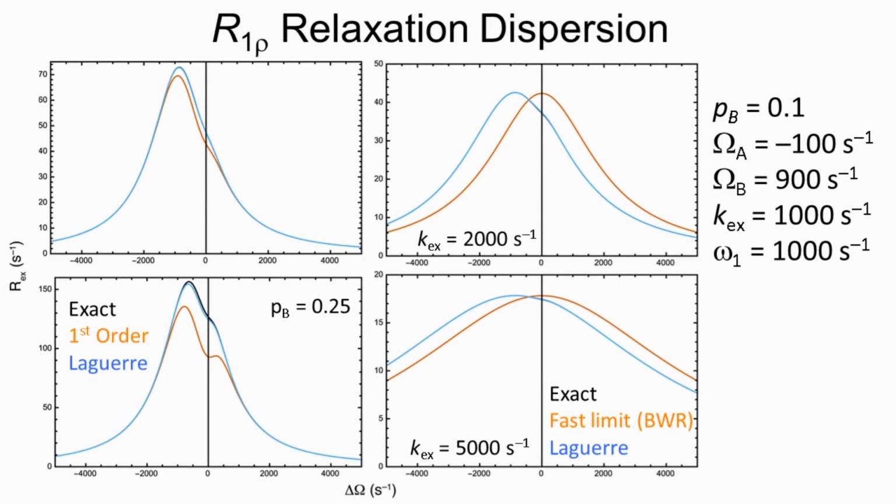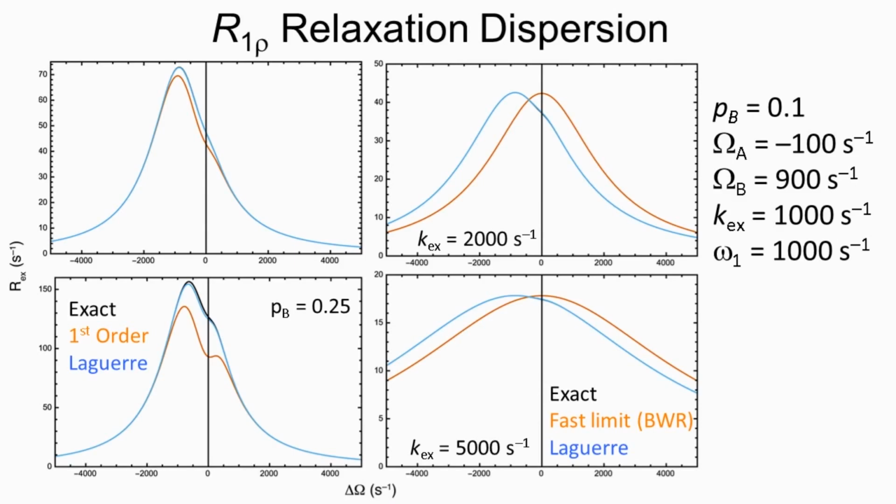Orange is our fast limit expression from the Redfield equation. The Redfield equation, of course, only has the average frequency. So the parameters were set up so that the population average frequency is 0, and you can see the peak there for the orange curve is at 0.